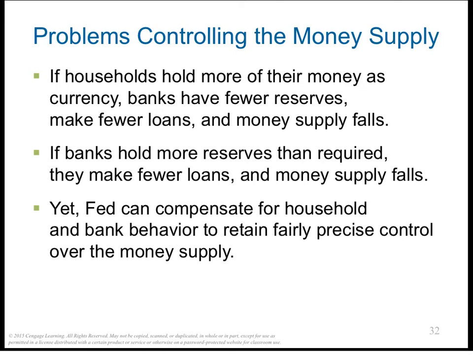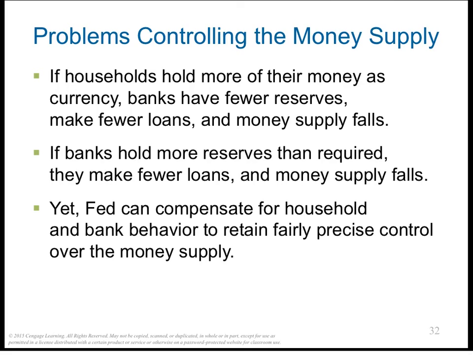To see why this is a problem, suppose that one day people begin to lose confidence in the banking system and therefore decide to withdraw deposits and hold more currency. When this happens, the banking system loses reserves and creates less money. The money supply falls even without any Fed action.